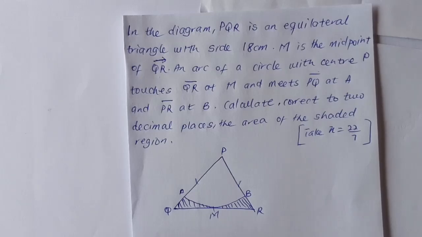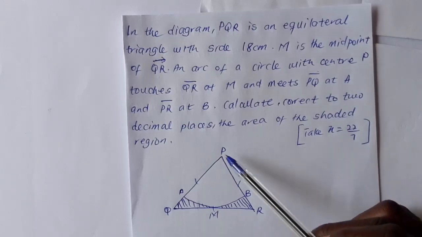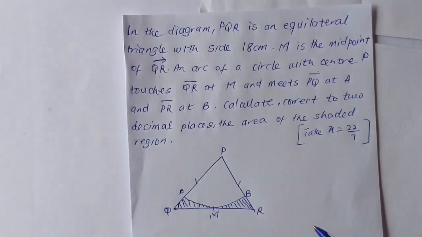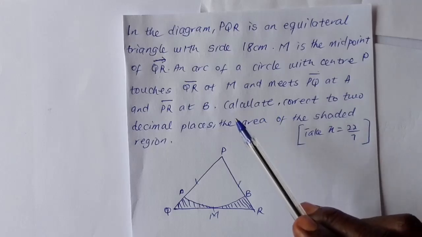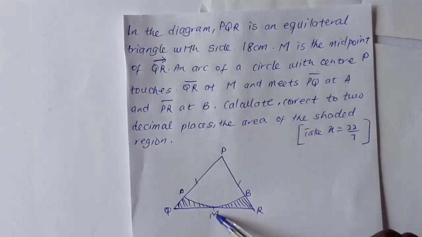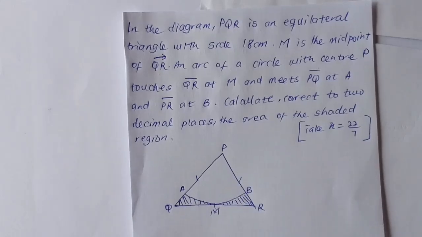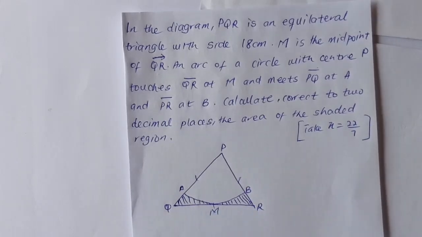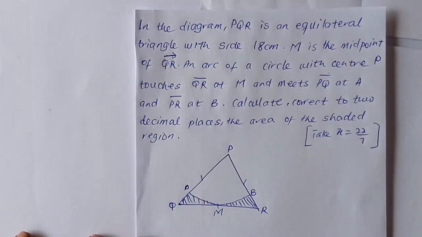An arc of a circle with center P touches QR at M and meets PQ at A and PR at B. We want to calculate, correct to 2 decimal places, the area of the shaded region, and this is the shaded region. Let's look at the solution together.